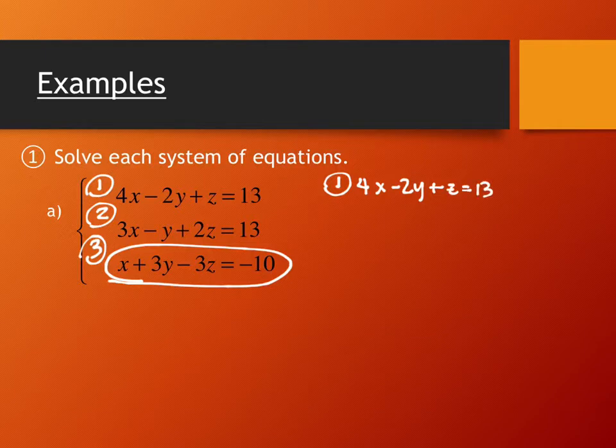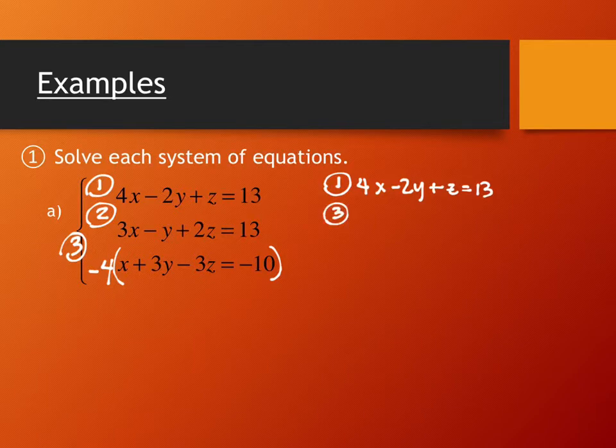But I want to take equation 3 and multiply it by something to eliminate the x. What would it be multiplied by for that to happen? 4, and it's negative, you're right. So negative 4. We're going to multiply all of equation 3 by negative 4. This is still equation 3, but it's adjusted. So I have negative 4x minus 12y plus 12z equals positive 40.